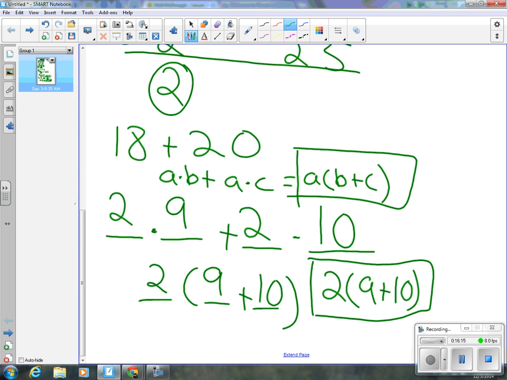We want to take the original problem, 18 plus 20, and the question asks us to rewrite it in the form of a greatest common factor times the sum. And that's what we have. We have a greatest common factor right here times a sum, 9 plus 10.